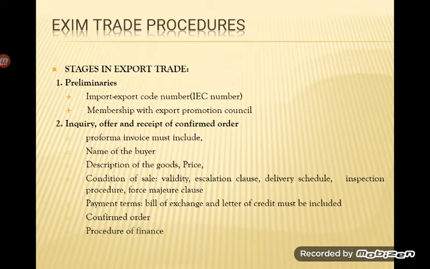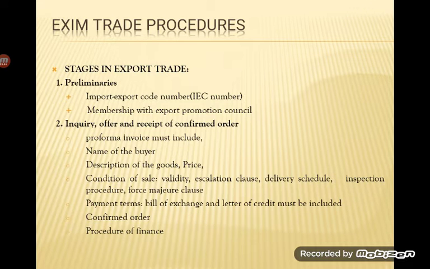After obtaining the IEC number, they have to become members in various authorities and institutions that control exim trade from India. So the exporters and importers may also obtain membership from certain bodies like Export Promotion Council, India Trade Promotion Organization, etc. These memberships will help them get the information and any documentation which is necessary for undertaking future exim trade from India.